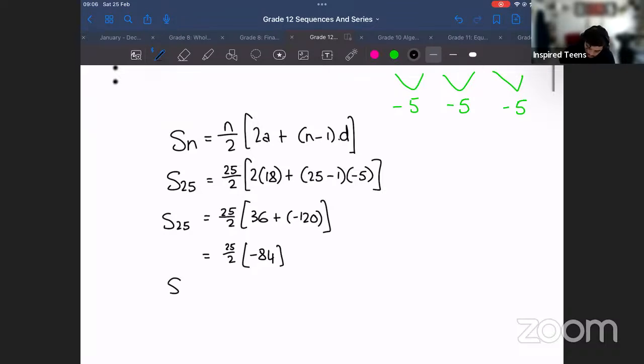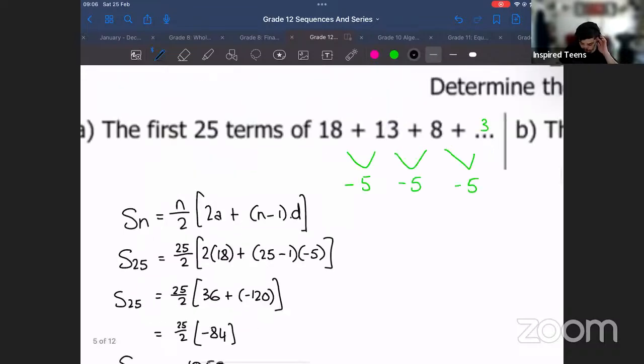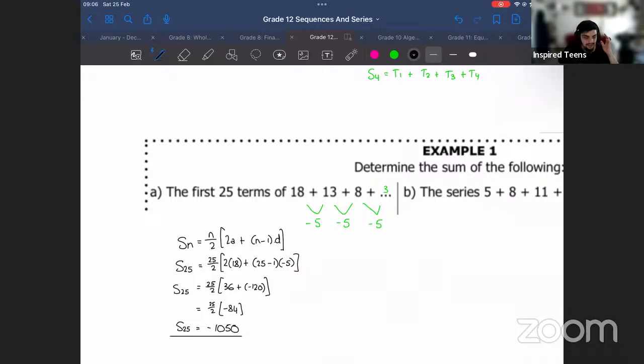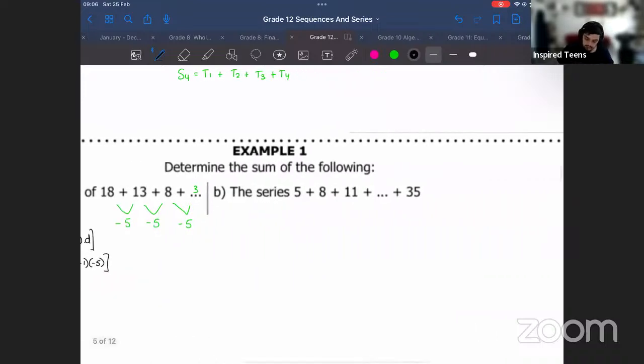And we get an answer for the first 25 terms. For those who are doing it along with me, just confirm that this is the correct answer. When we add up the first 25 terms, essentially we get negative 1050. Okay, basic sum example. Let us move on.